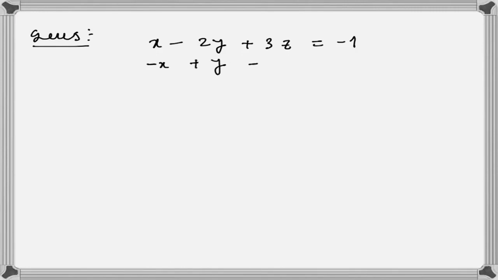So let's solve another problem. Consider the system of equations x minus 2y plus 3z is equal to minus 1, minus x plus y minus 2z is equal to k, x minus 3y plus 4z is equal to 1.